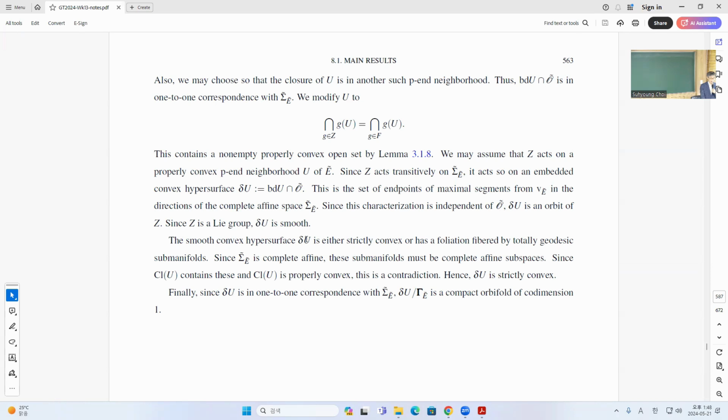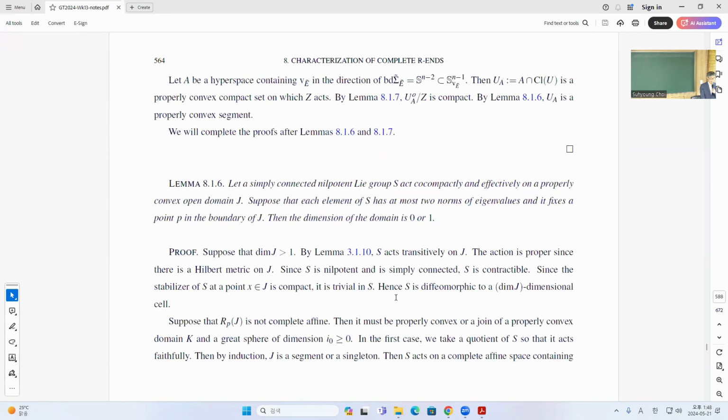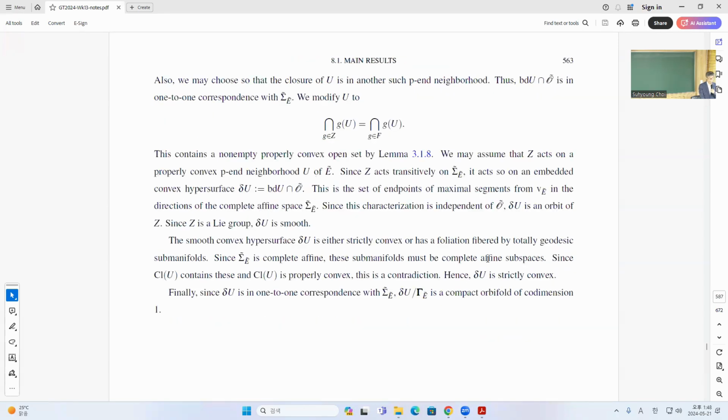So actually delta G is going to be smooth, and so it's a compact orbifold of codimension one. And also you can show it's strictly convex because it's a transitive action.